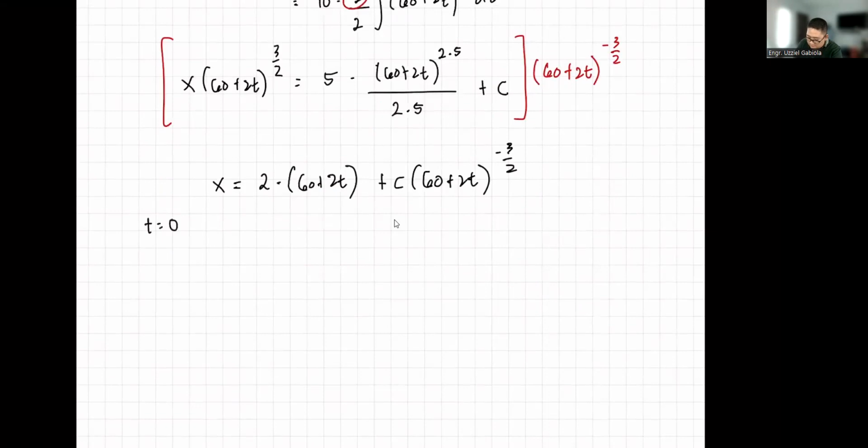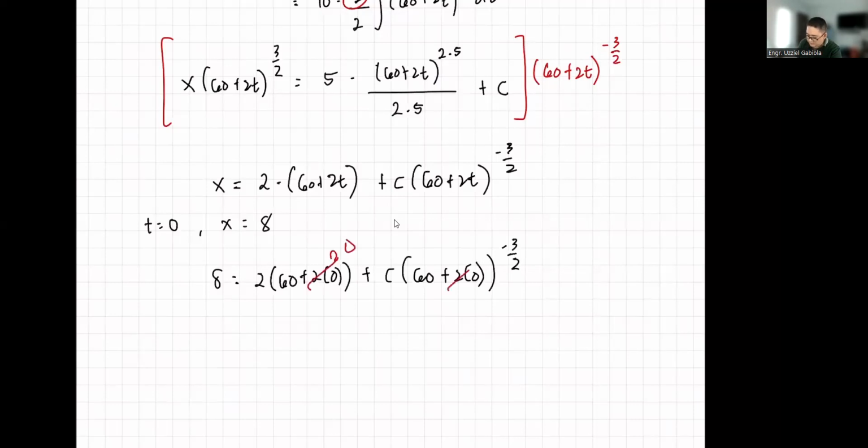So kailangan gamitin natin yung initial condition natin. t is equals to 0, ang x natin ay equal sa 8 pounds of salt. Okay? So substitute nyo. So 8 is equals to 2 times 60 plus 2 times 0 plus C times 60 plus 2 times 0 raised to negative 3 halves. Okay? So this will be 0. So 8 is equals to 120 plus C, tapos i-calculate nyo, no? 60 raised to negative 3 halves, kung ilan yung magiging value.